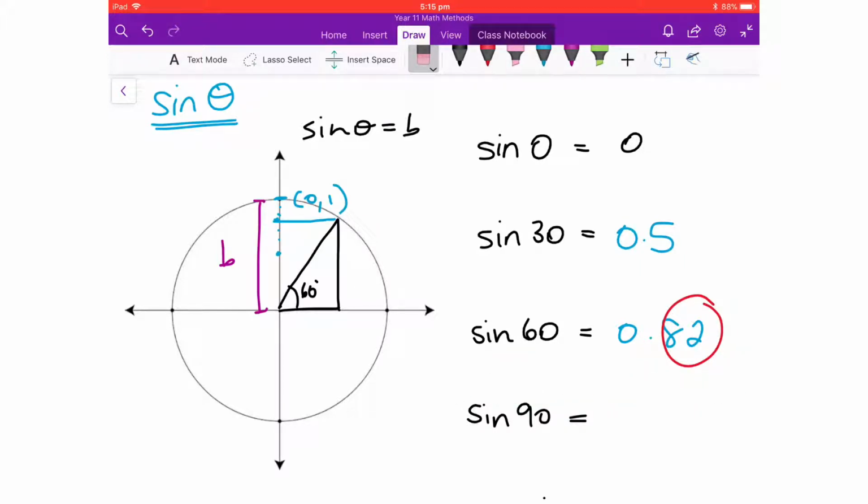Alright, so let's try do our sine 90. That's our final one for this video. So let's see if I can draw sine 90. Now, let's look again. Remember, a right angle is always perpendicular to the x-axis or our straight line. It's going to line about there, isn't it?